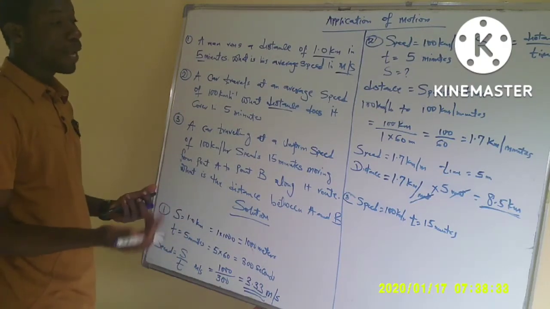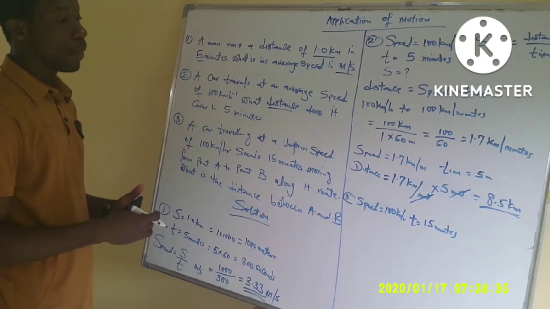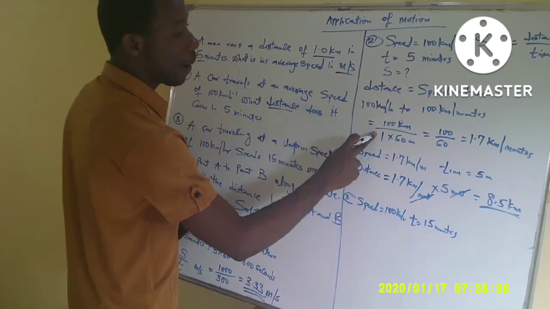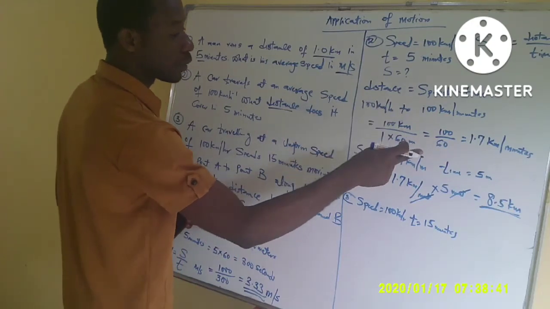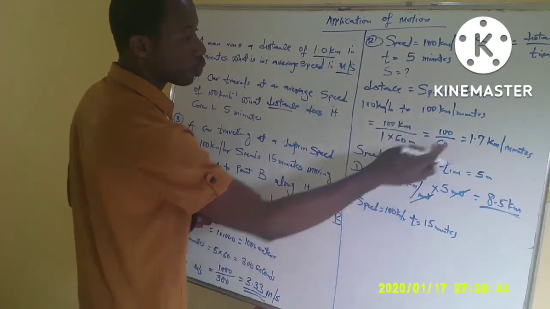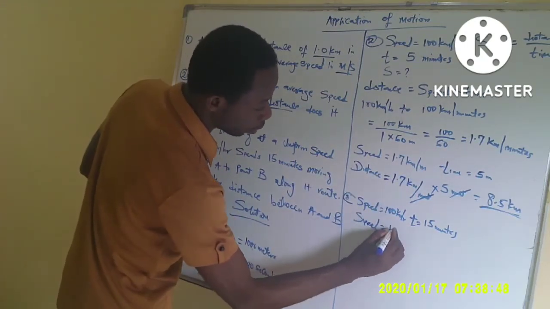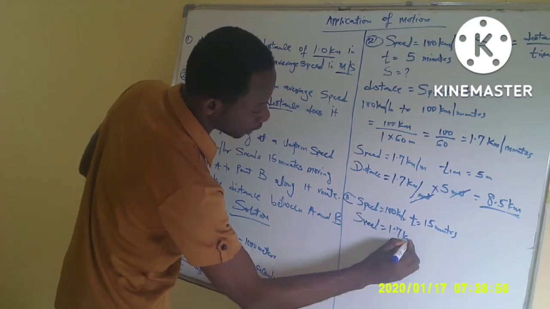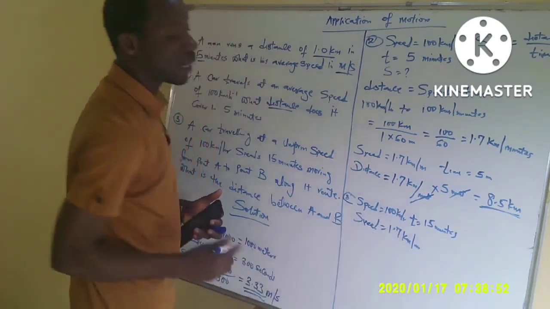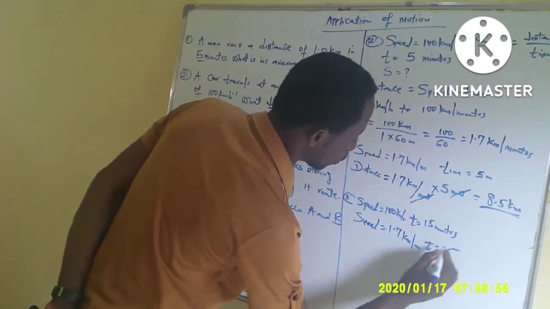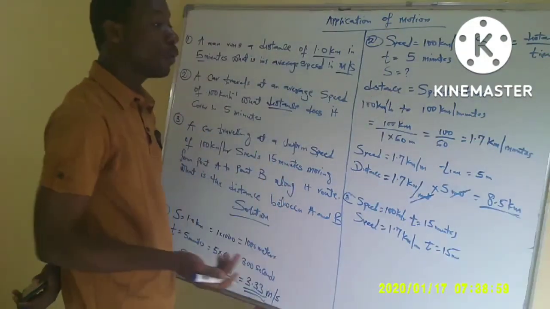So now we apply the same method we did the other time. Remember, when we converted 100 km per hour to minutes, it gave us 1.7. So the new speed is 1.7 kilometer per minute. The car is traveling 1.7 kilometer per minute, and the time is 15 minutes. So we find the distance.